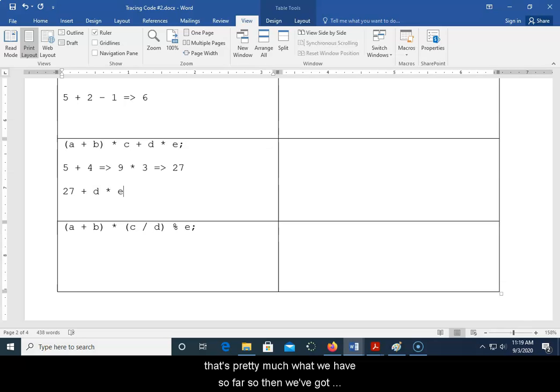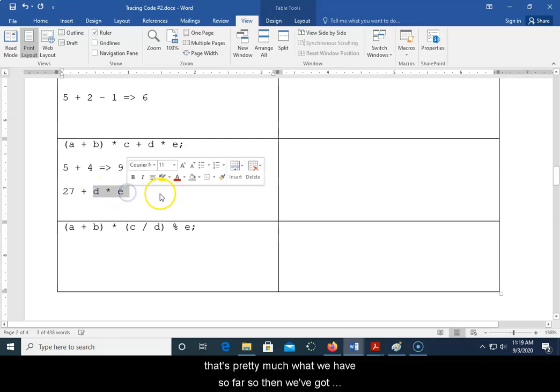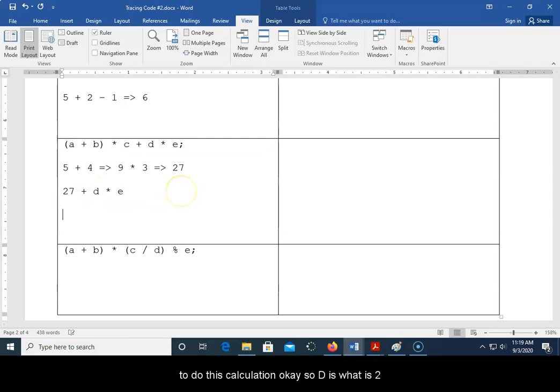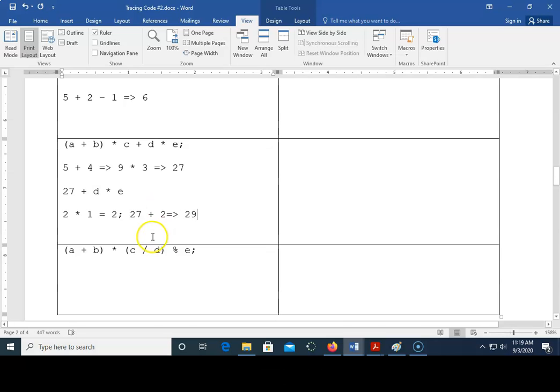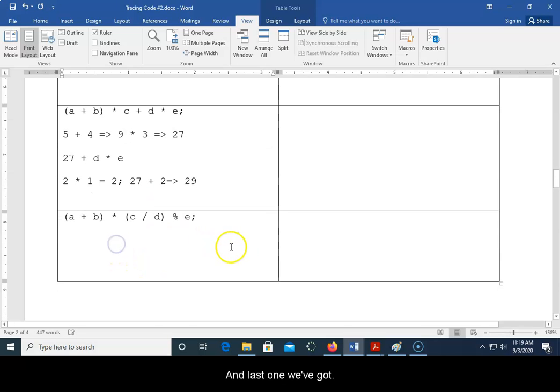That's pretty much what we have so far. So then we've got to do this calculation. Okay, so d is 2 times 1. That gives us 2. And so if I were to rewrite this thing, I'd have 27 plus 2, and that is 29.